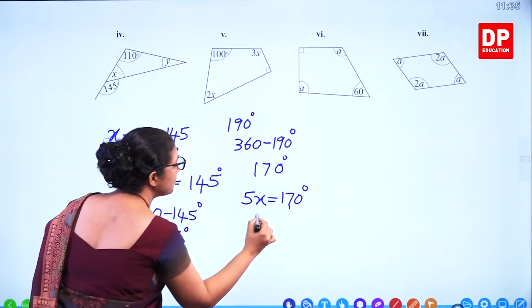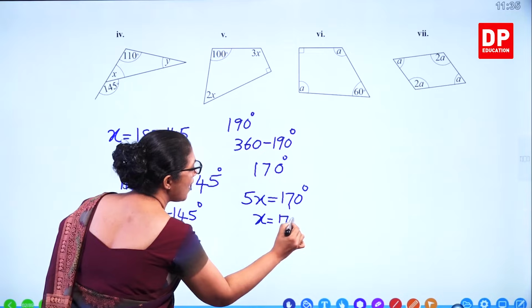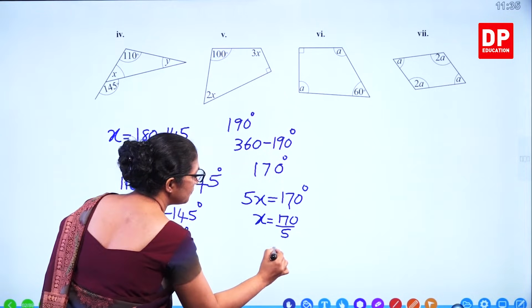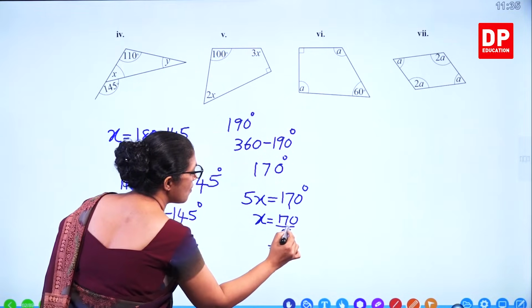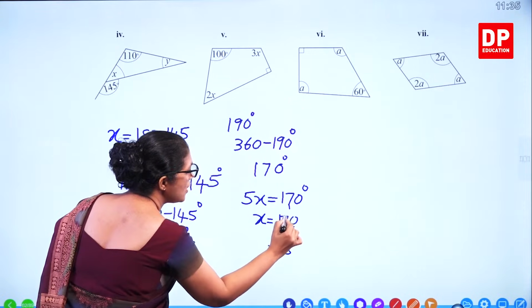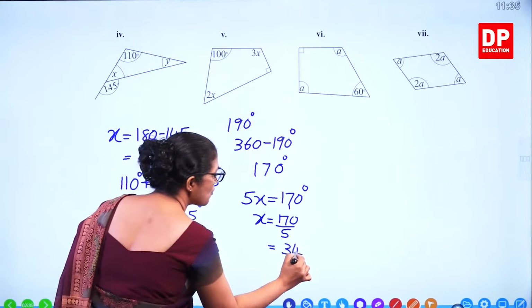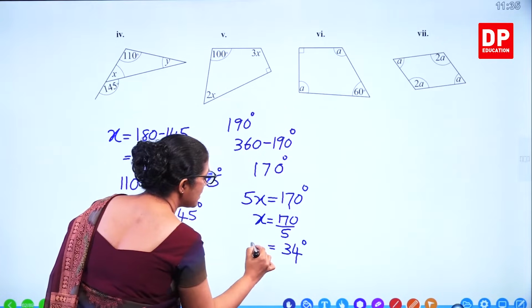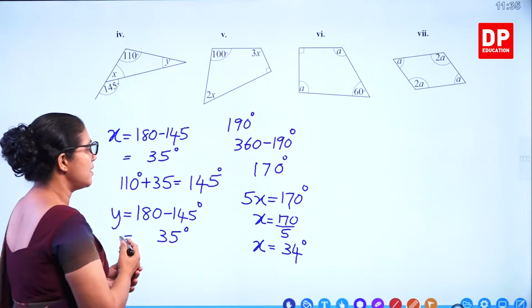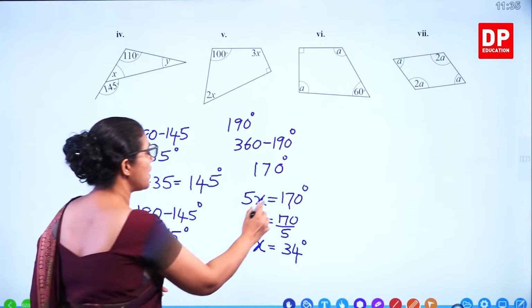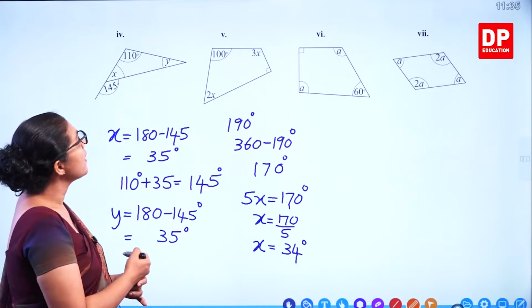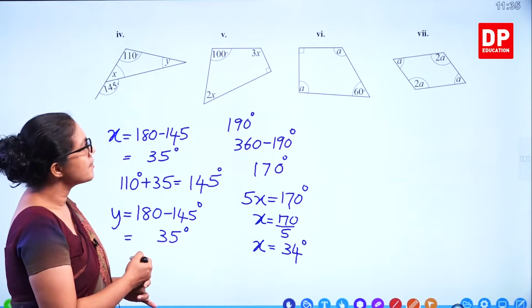So what's x? You divide by 5. 5 times 3 is 15, for 20 that's 5 times 4. So x is 34 degrees.